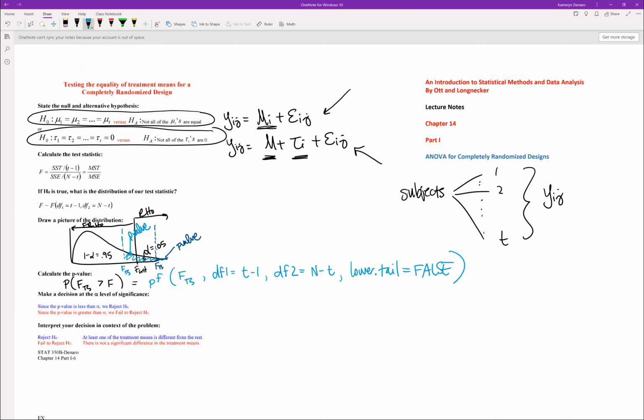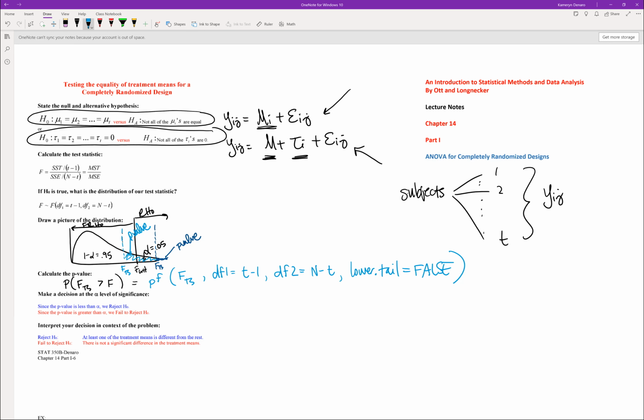At the end of the day, if you reject H0, you're saying at least one of the treatment means is different from the rest. And if you fail to reject H0, you're going to say there's not a significant difference in the treatment means. If you were trying to test the efficacy of 10 different vaccines, you'd be asking yourself, are any of these vaccines more effective at protecting people against a disease or not?